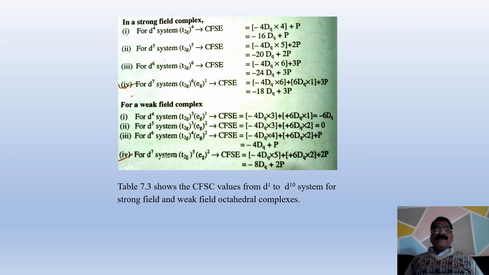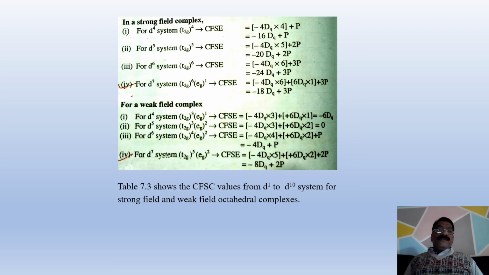D6 system, minus 4 Dq into 6 is equal to minus 24 Dq plus 3 pairing energy. For the d7 system also, there is t2g6 eg1, so minus 4 Dq into 6 plus 6 Dq into 1 is equal to minus 18 Dq plus 3 pairing energy.